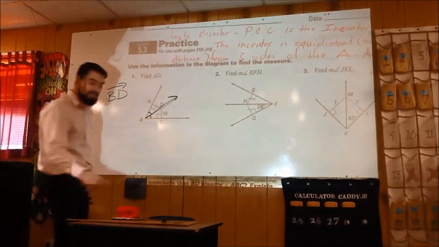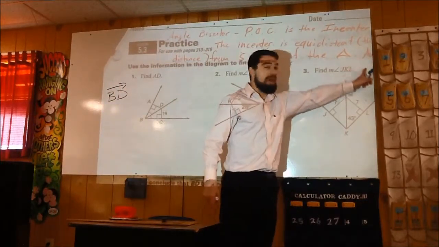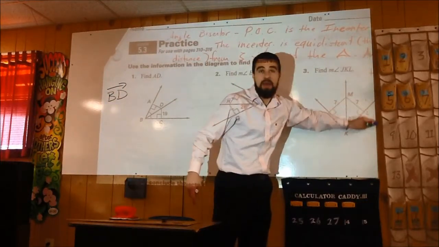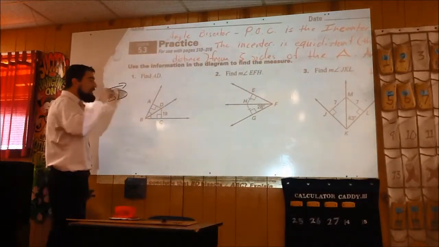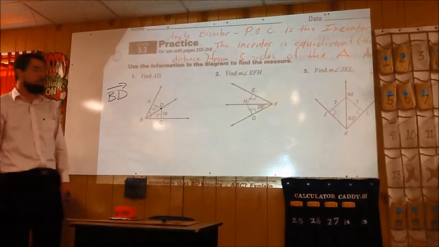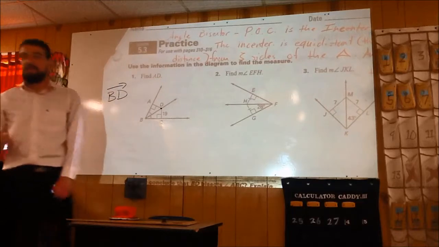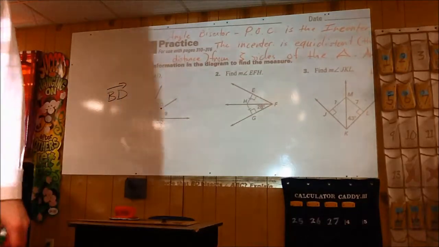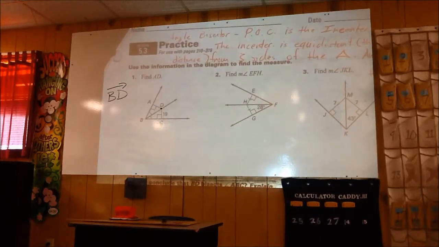Well, if that's the case, then we're going to use this fun fact that we wrote all the way down on the page, or at least I did. Point D is on the angle bisector. We all agree? So if that point truly is on the angle bisector, then what do we know about it?